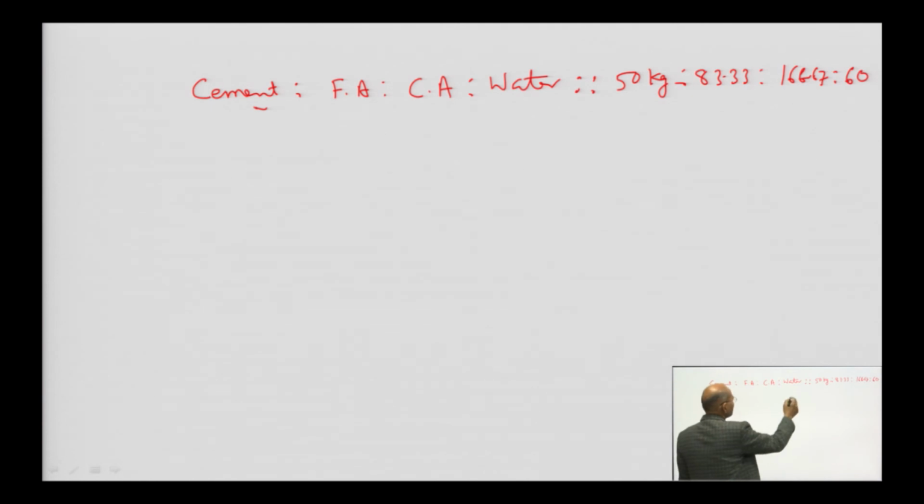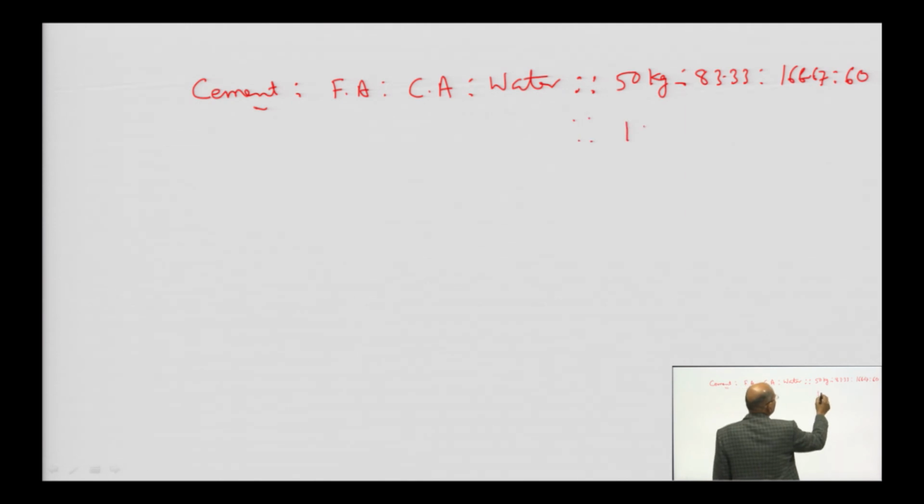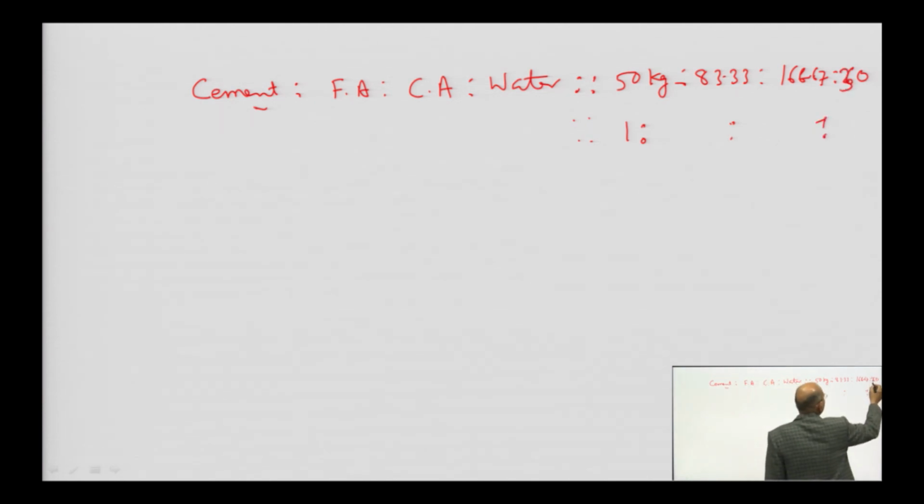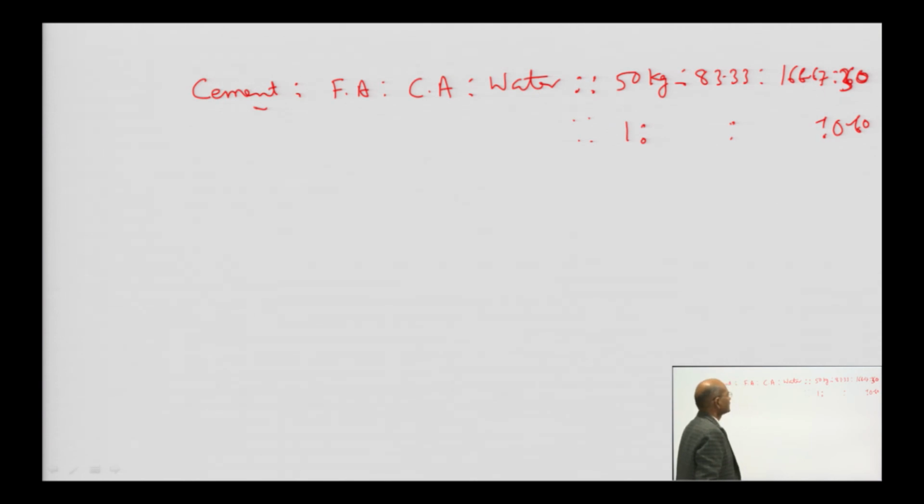So, just divide all these things by 50, and you can get this ratio. Okay. Sorry, this is 30 kg. So, this will become 0.60, and this one you divide by 83.33. I think you can calculate.